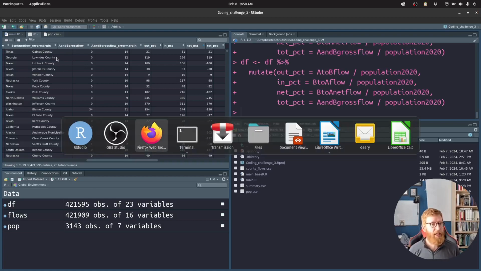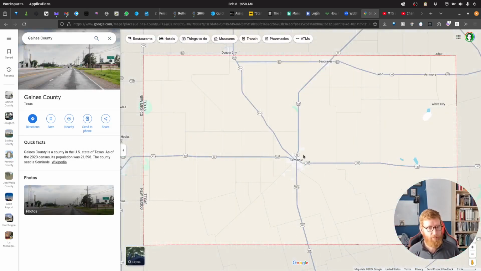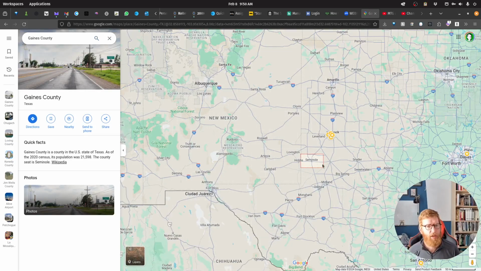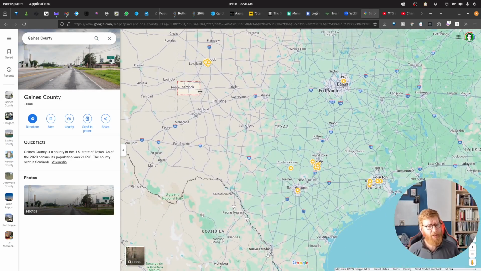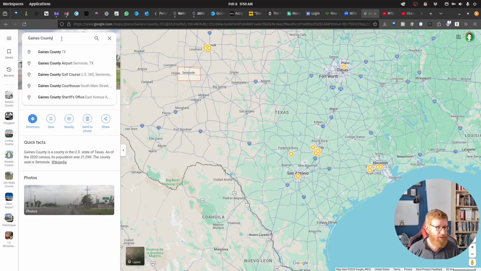Let's see where Gaines County is. Okay, that is interesting. So Loving County is way down here, or wait, no, was it over here? Okay, it's not as far as I thought it was. I got that wrong. There are some counties in the data set with really small populations.